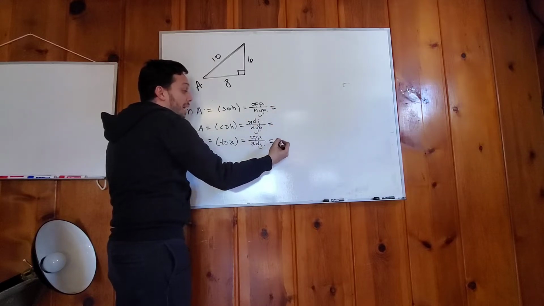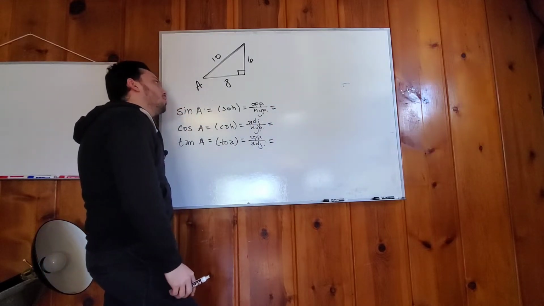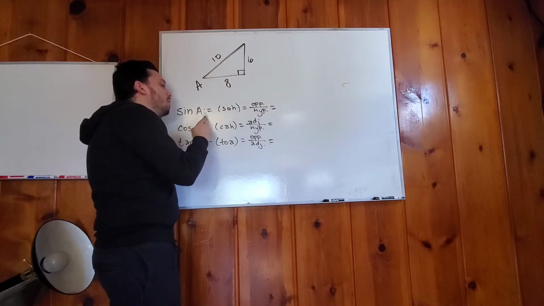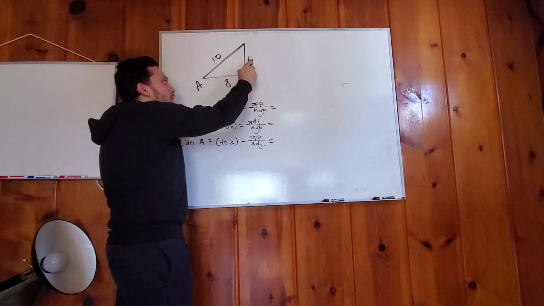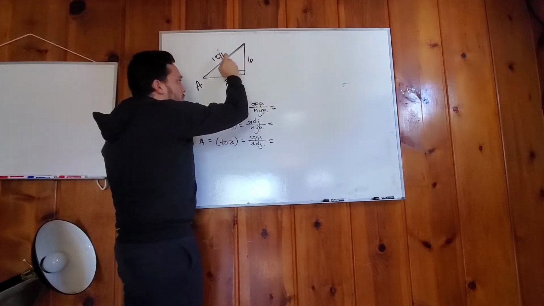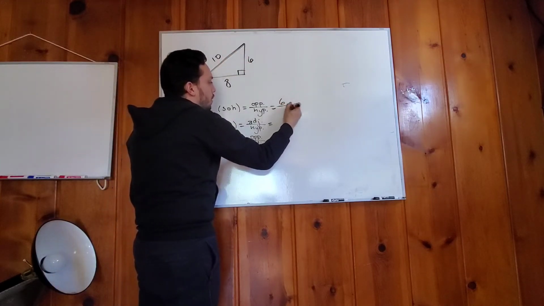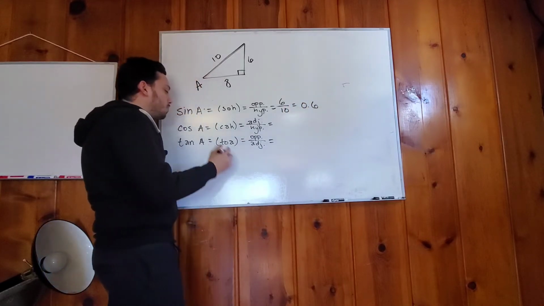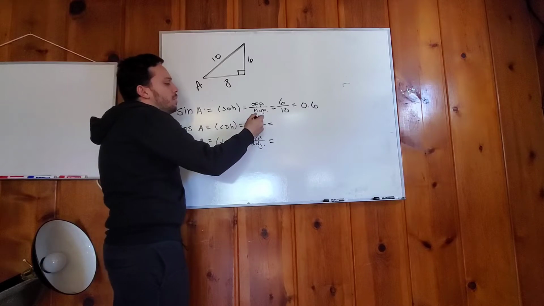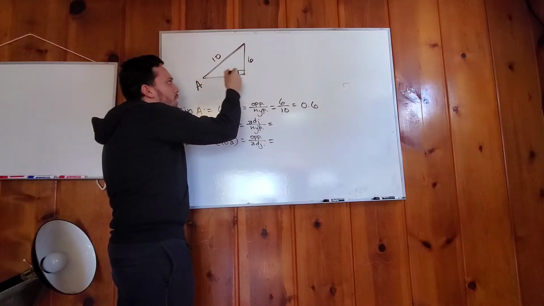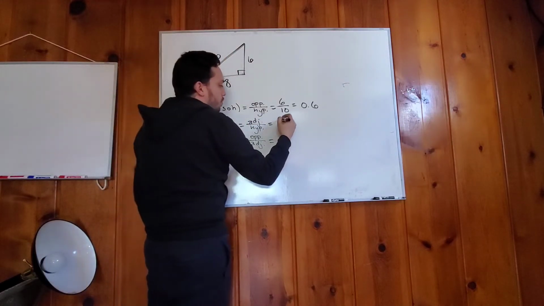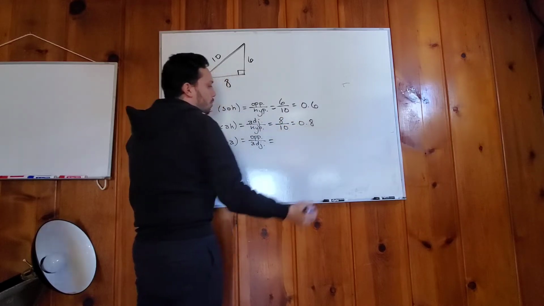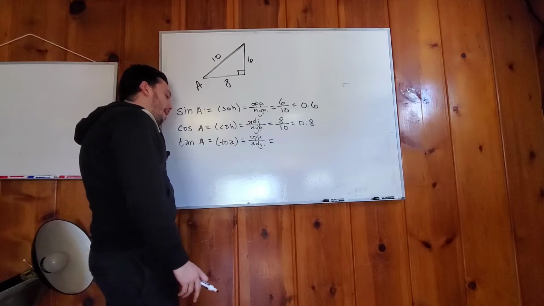Obviously, we're talking about sides, right? So what is the sine of A? The sine of A is the opposite over the hypotenuse, which is 6 over 10. 6 over 10 is the same thing as 0.6. Cosine is adjacent over hypotenuse. The adjacent is 8, the hypotenuse is 10. 0.8, right?